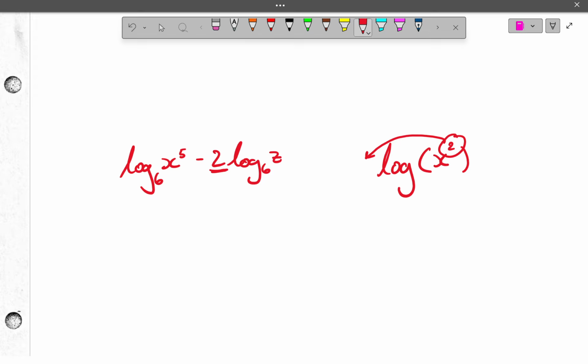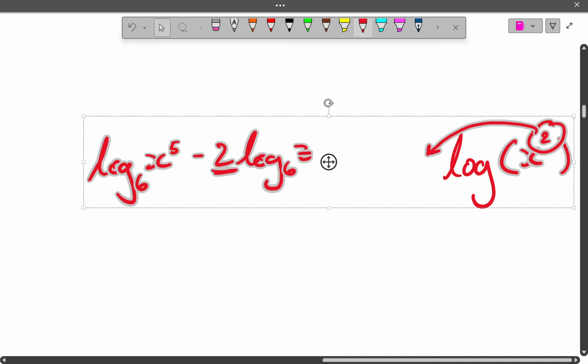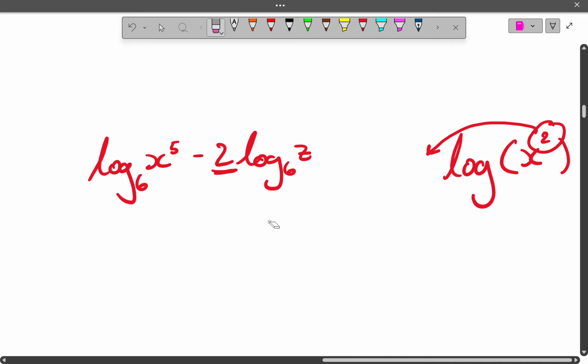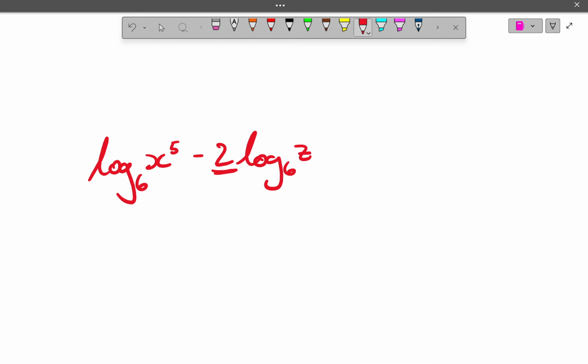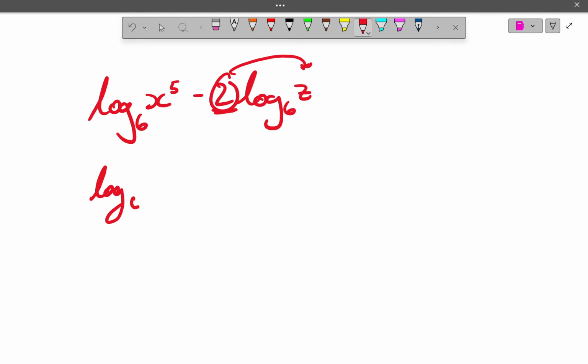Which means that if we have here, in this case, a 2 in the front of the logarithm base 6 of z, that came from up here. Or I can put that back and it would still be equivalent. So I'm going to do that as the first step. We'll write this now as log base 6 of x to the 5th power as still the first term, and we subtract logarithm base 6 of z squared.